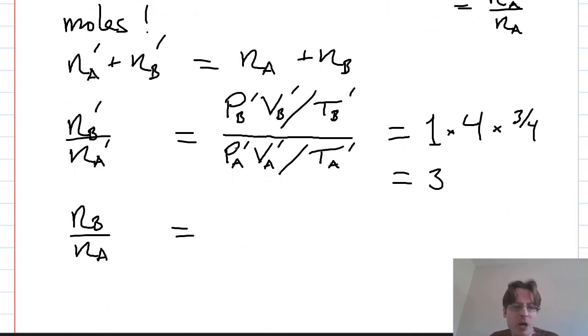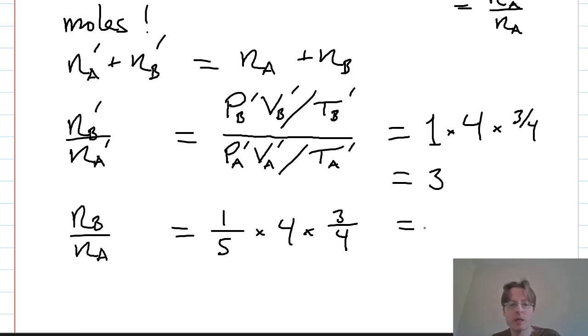That means PB over PA is equal to 1/5. What about the volume ratio? Well, that doesn't change. That stays at 4. Container B is 4 times as big as A. And again, the temperatures don't change either. It still stays at a ratio of 3/4. So that means the number of moles in B compared to A at the beginning is equal to 3/5.